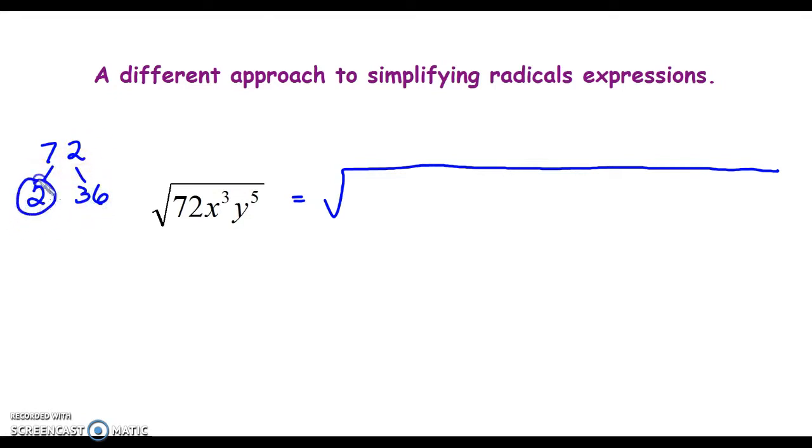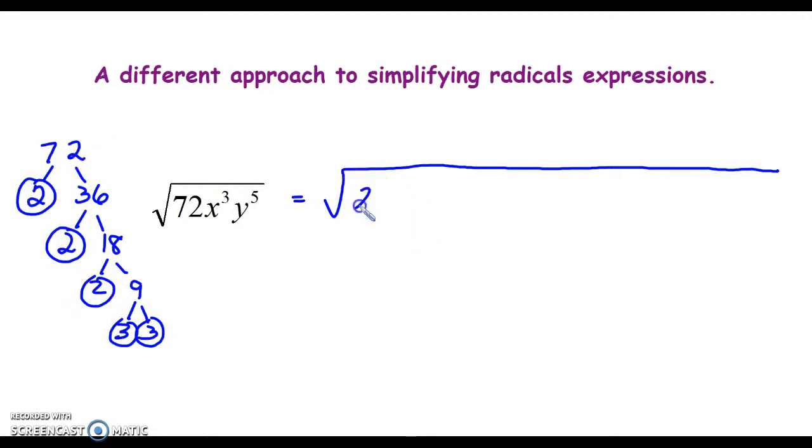Okay, that's prime. 36 divided by 2 is 18. 18 times 2 is 36. 18 is divisible by 2. We get 9. 9 is divisible by 3. Okay, that's 8. Let's see, 8 times 9 is 72.